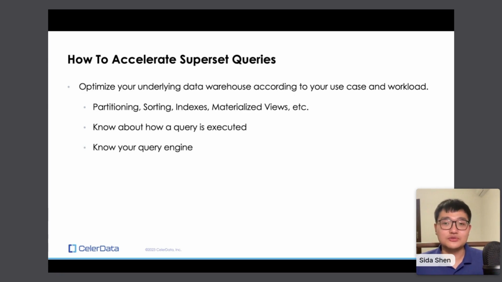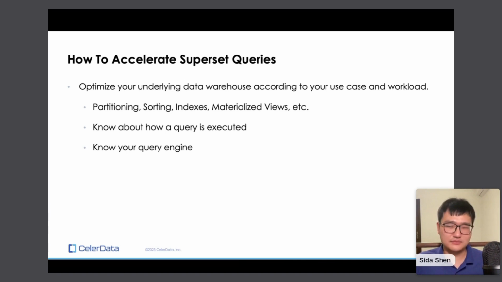And also you want to know how a query is executed under the hood, right? Specifically for joins, you want to know your query engine really well. How does your query engine handle joins? Depending on the amount of data you're scanning, do you want to still do shuffling?